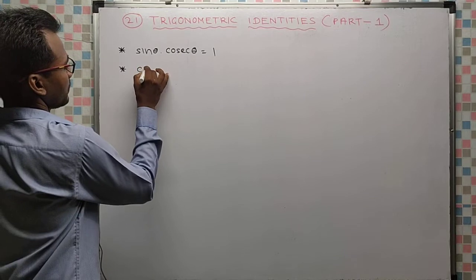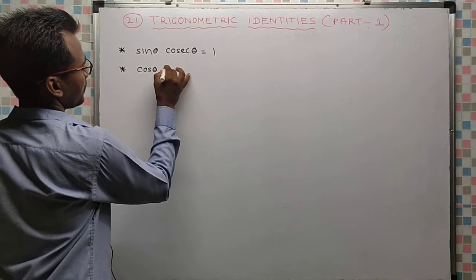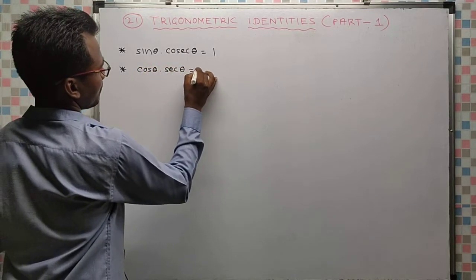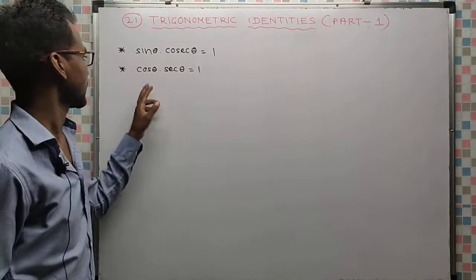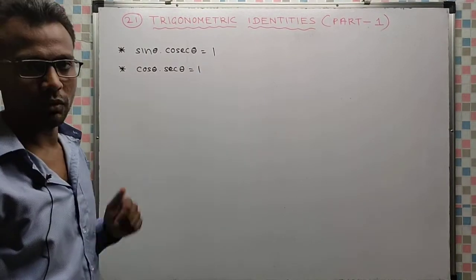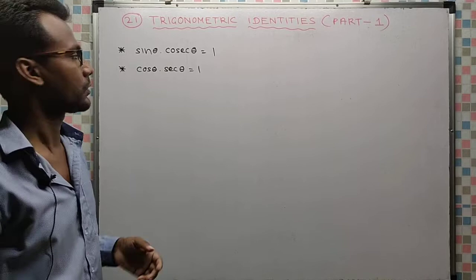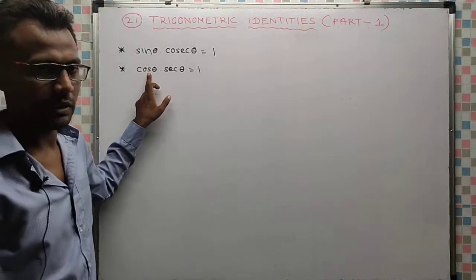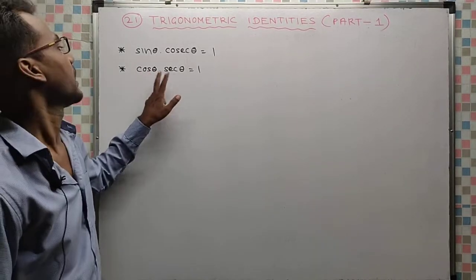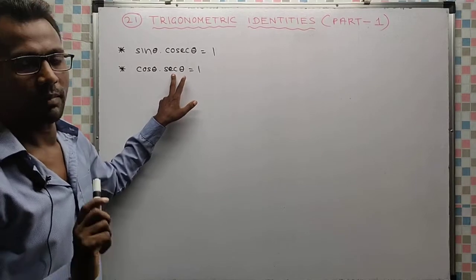Next we have cos theta into sec theta is equal to 1, because they are reciprocal of each other. So simply cos theta will be 1 by sec theta, and simply sec theta will be 1 by cos theta.